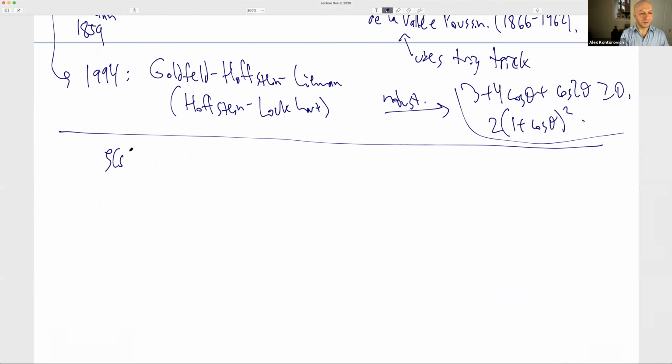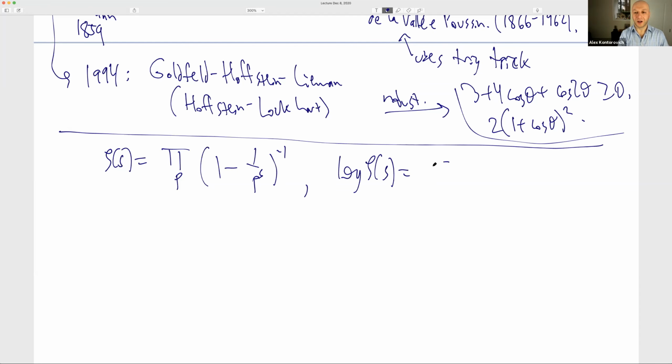Remember, zeta of s is a product over the primes of 1 minus p to the s, inverse, and log of zeta is a sum over the primes of negative log of 1 minus something, which has a series expansion, which is a sum over k, 1 over k p to the ks.